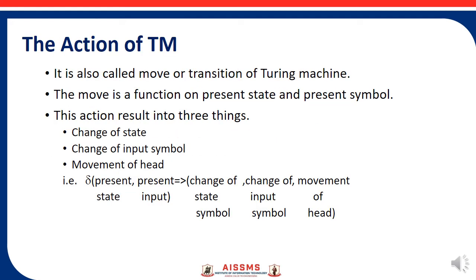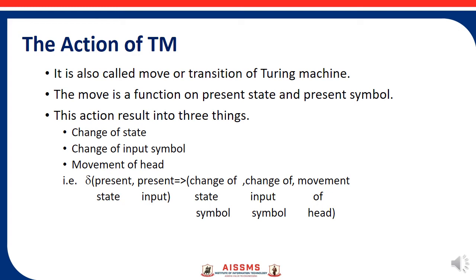Now coming to the operation of the Turing machine, or we can say the action. The action is also called the move, or we can also say the transition of the Turing machine. So this move is a function on the present state and the present symbol.